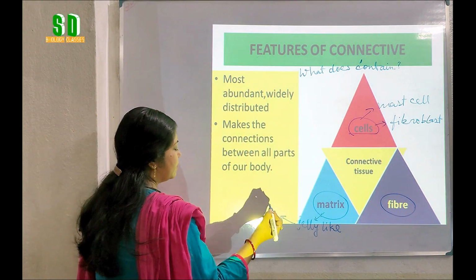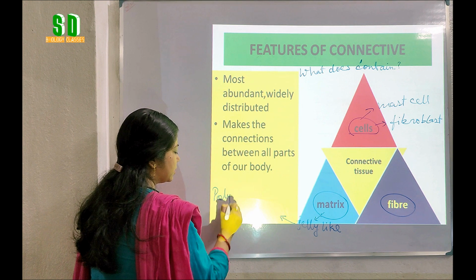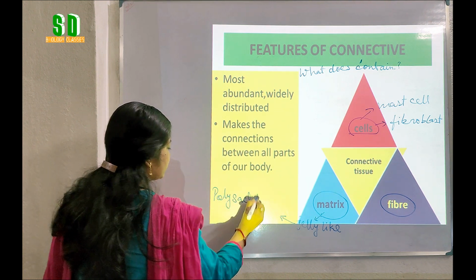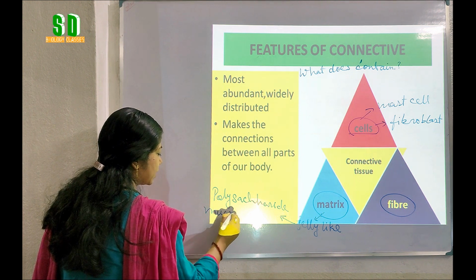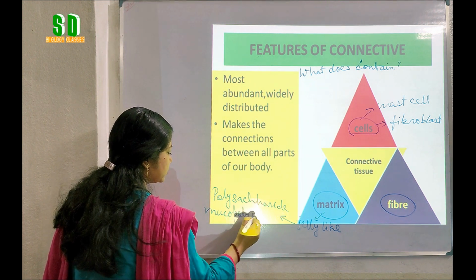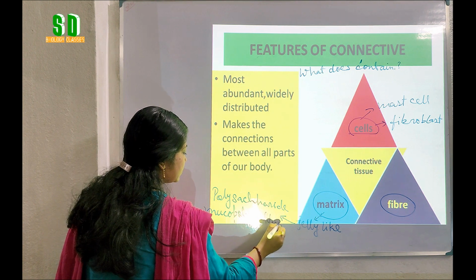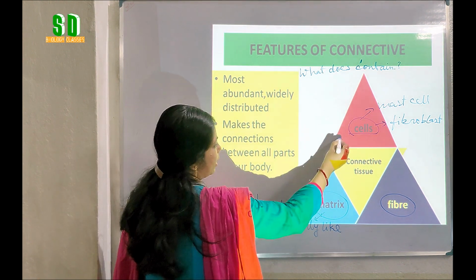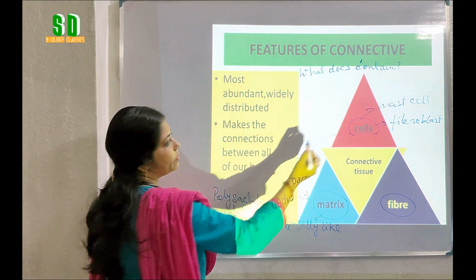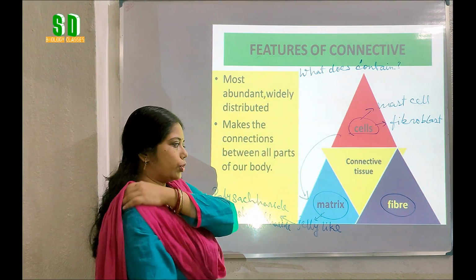It is chemically made up of polysaccharide and mucopolysaccharide. And this polysaccharide and mucopolysaccharide are secreted by the cells which are present in the connective tissues.